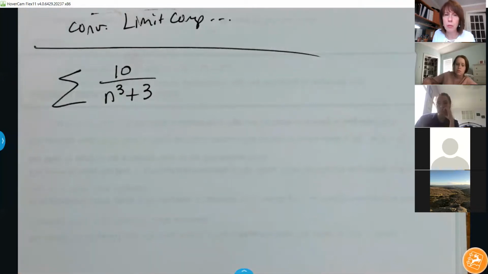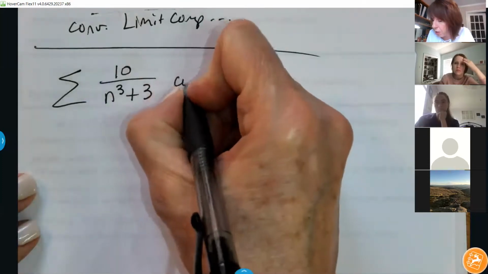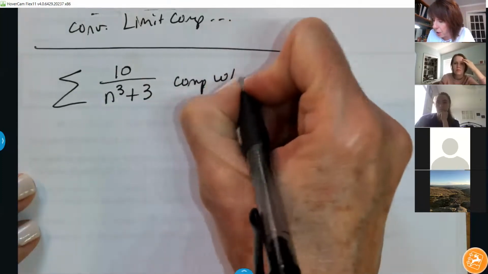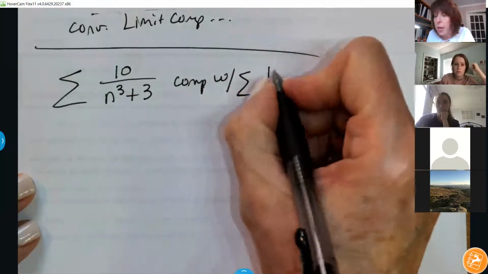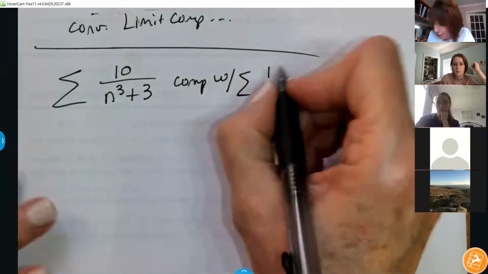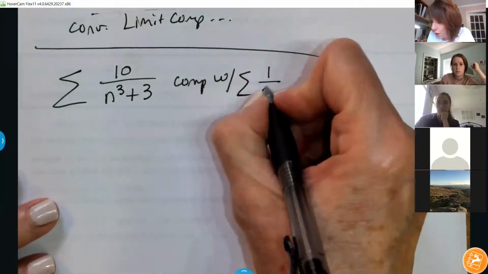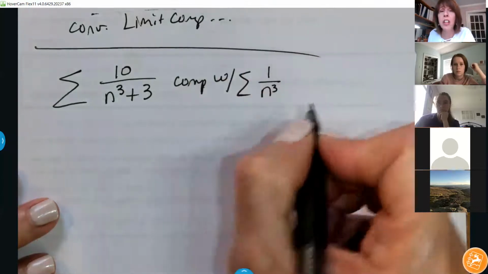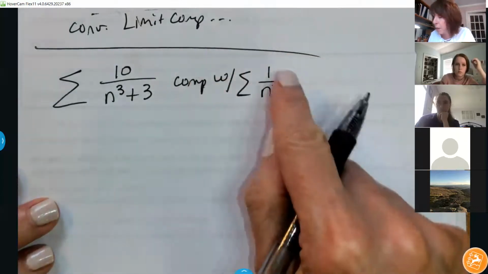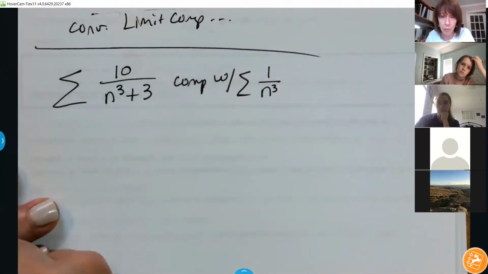Could we use direct comparison test? I think we could on this one. Either direct or limit for this one. If you do direct, either way, you're going to be comparing it with either 1 over n cubed. If I'm doing the limit comparison test, I would compare it with 1 over n cubed.